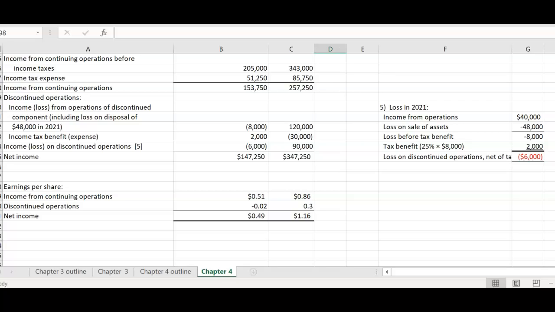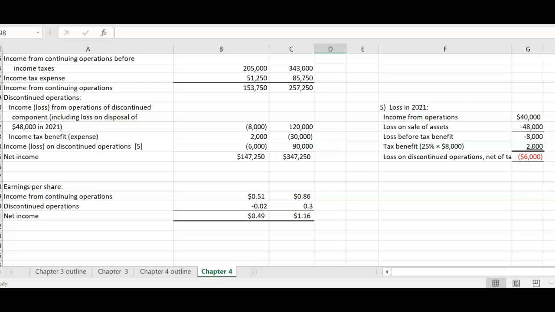So income on discontinued operations in 2020 is $90,000 for a net income of $347,250.